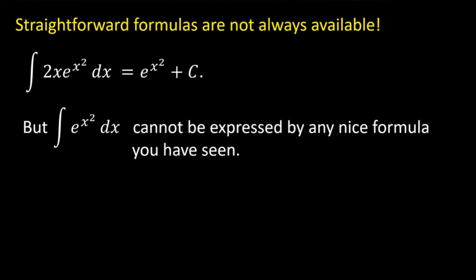You know, most functions in real life do not have nice formulas using polynomials, exponentials, log, trig, etc. That's just life. And this is not just a problem for e to the x squared. Most functions do not have a nice expression, and most of them do not have a nice formula for their antiderivative. You might get a wrong impression from the nice formulas we did for derivatives, but for antiderivatives, there are not such nice formulas in general.